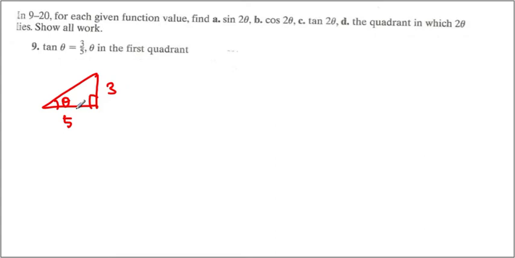Then using the Pythagorean theorem, this hypotenuse h squared will be equal to 3 squared plus 5 squared, which we get to know to be 34. So this becomes square root of 34. Alright, then how do you figure out the sine of 2 theta?